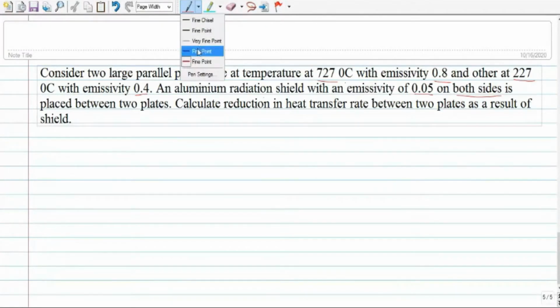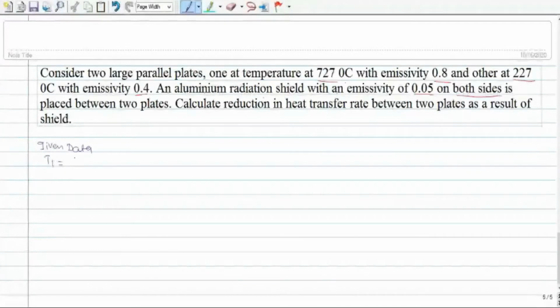So here you have to solve this numerical in two different cases. First of all, I'm going to write the given data. T1 is 727 plus 273 for conversion of degree centigrade to Kelvin, and it becomes 1000 Kelvin.